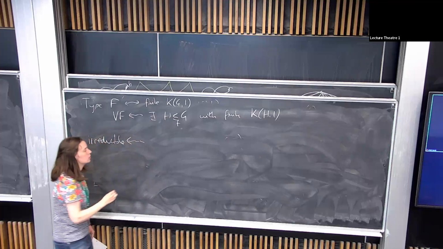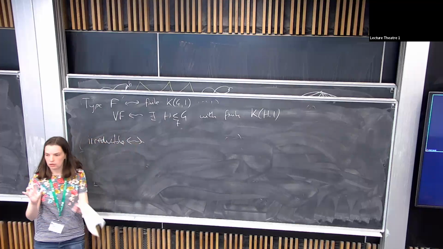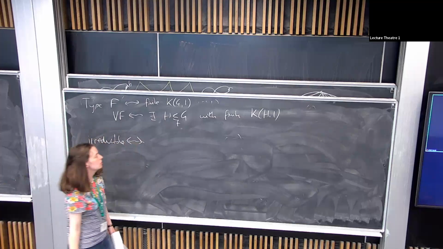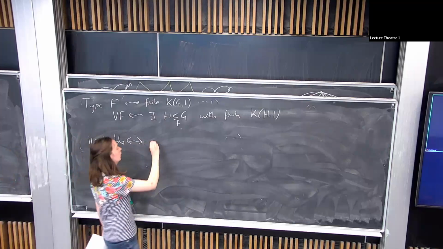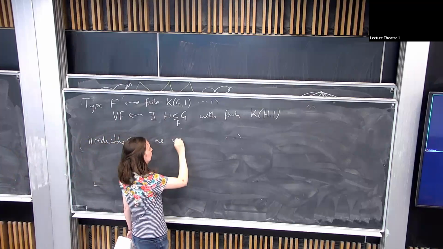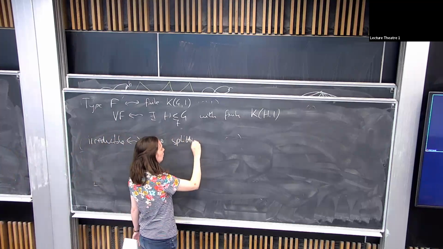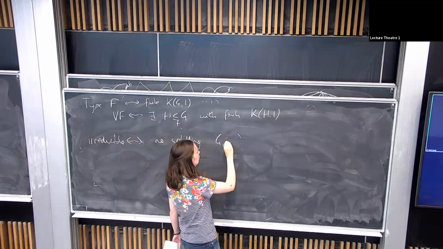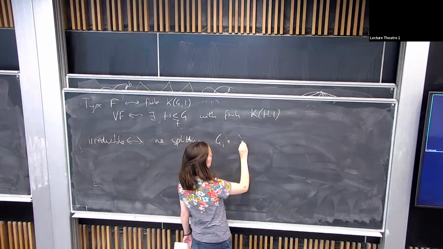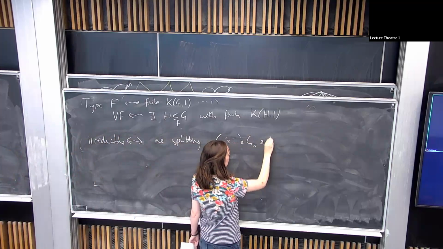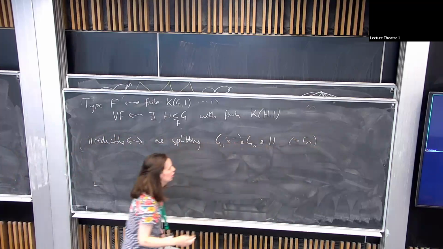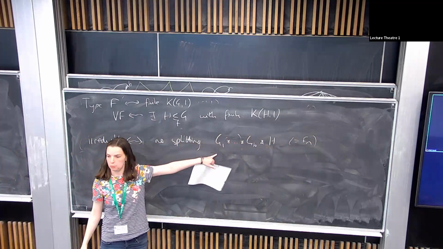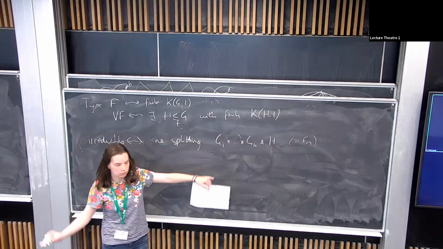Irreducible means that you can't easily break your automorphism into pieces. And the definition is slightly annoying. A priori, I can break my free group up into a free product in many different ways.